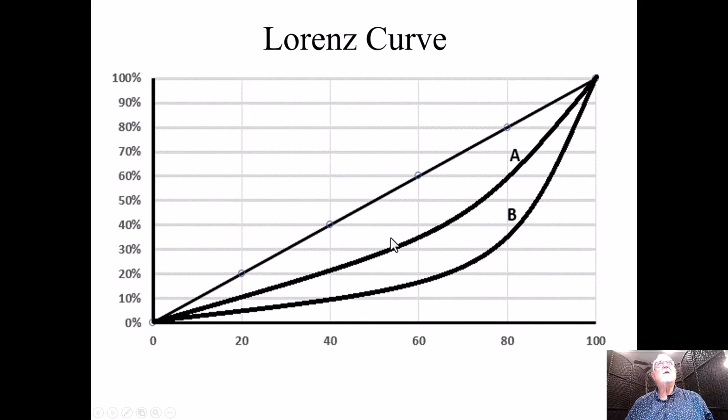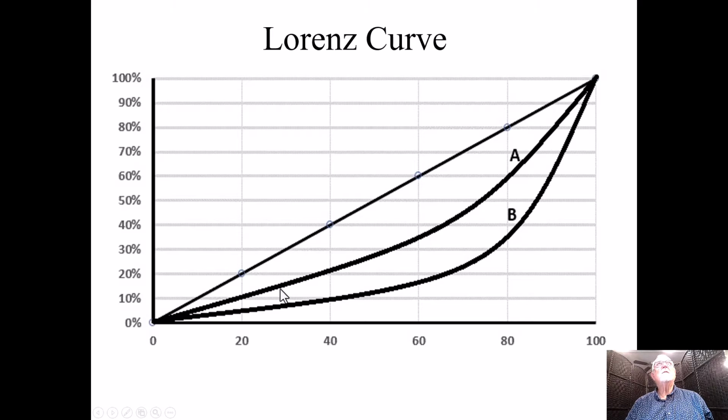If it was perfect equality in terms of income distribution, the lowest 20% would earn 20% of the income. The lowest 40% would earn 40% of the income, and so on and so forth. So perfect equality would be denoted by this straight line out of the origin and having a slope of 1.